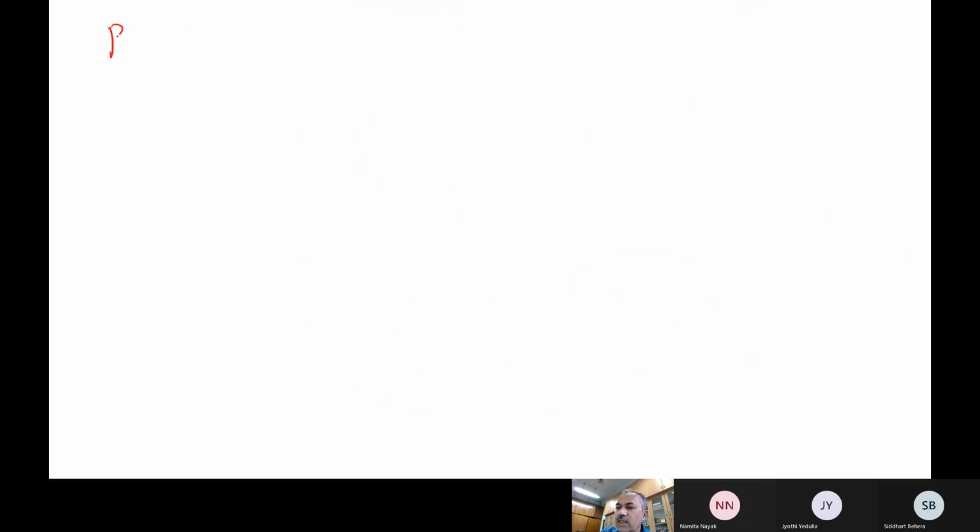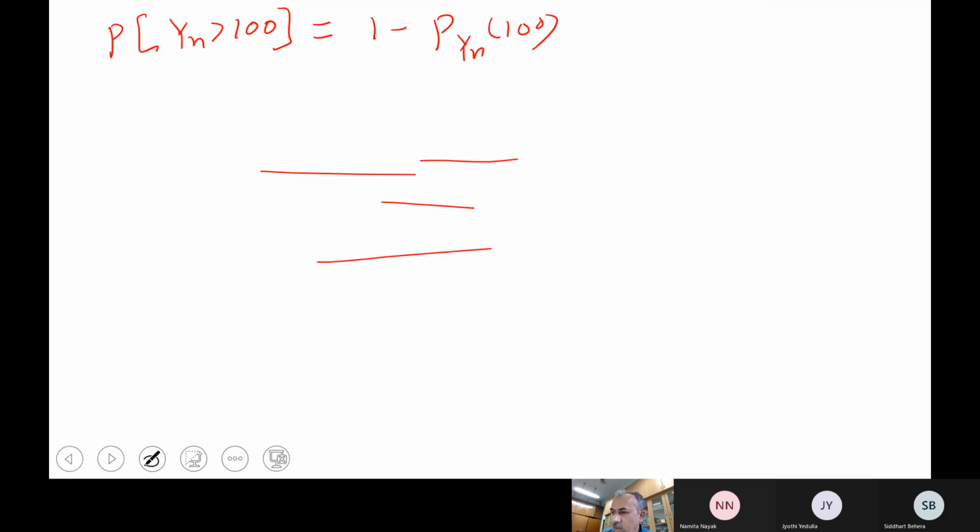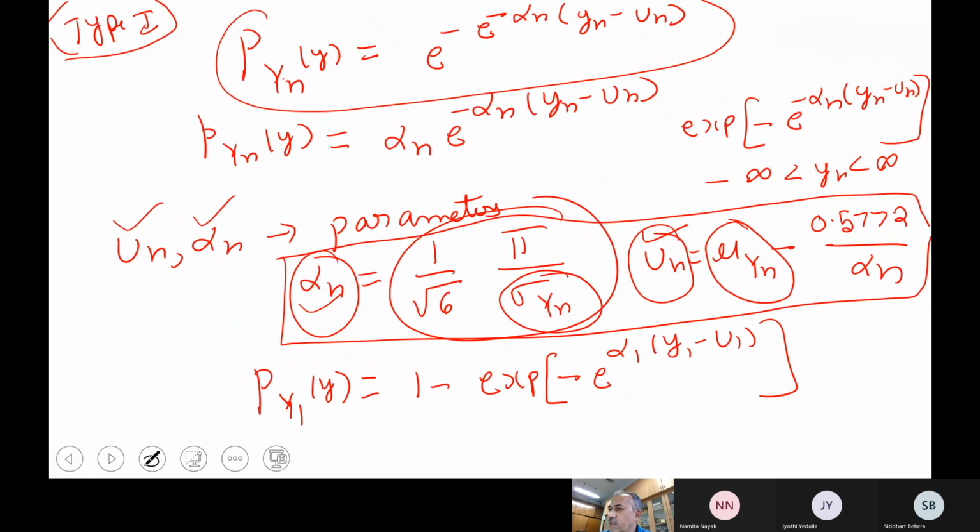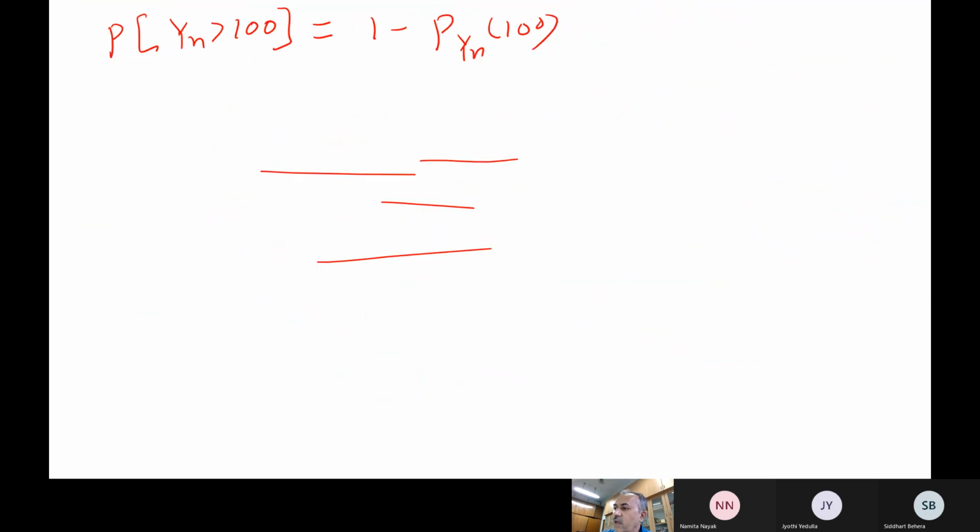Now the probability that my wind speed, yn, is greater than 100 can be found by 1 minus Fyn of 100. So this is our expression. Substitute alpha n and u n in this expression, and automatically you can get the numbers.